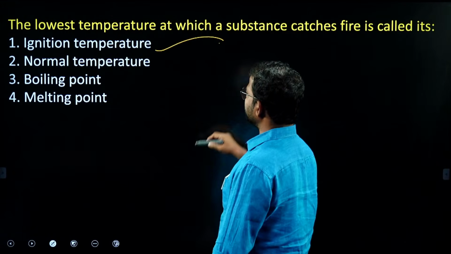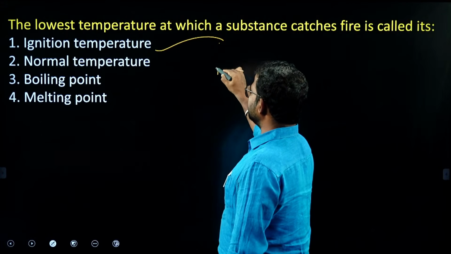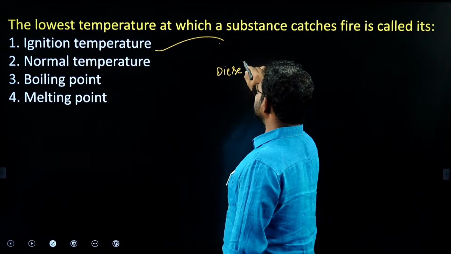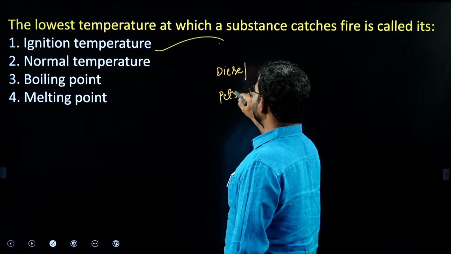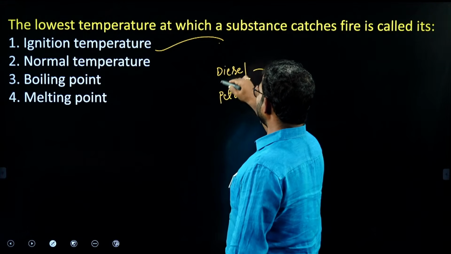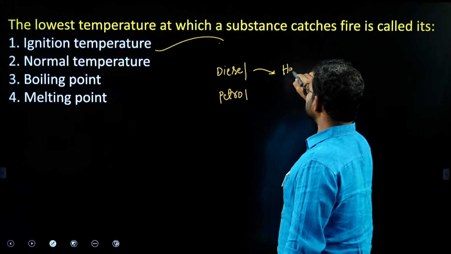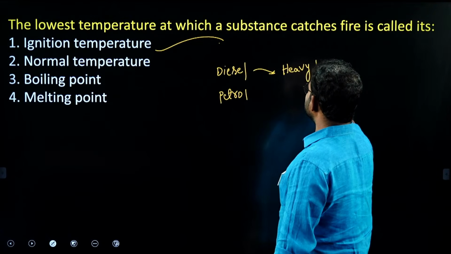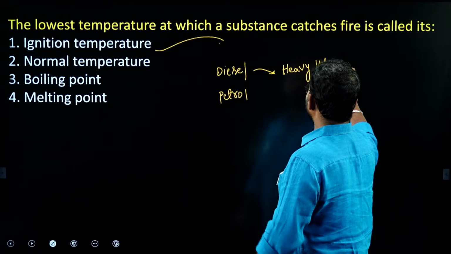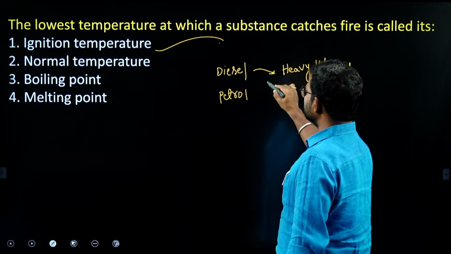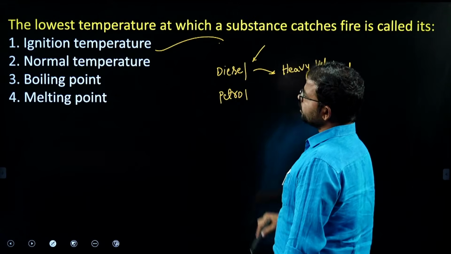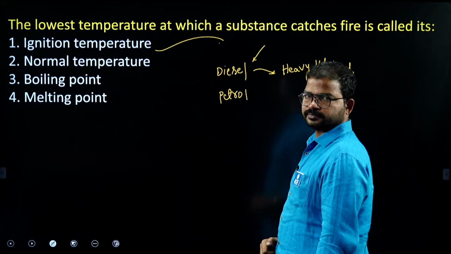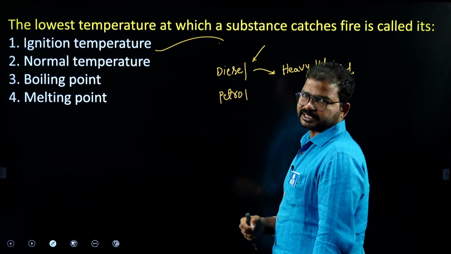Okay, so ignition temperature. If you consider diesel and petrol, mostly these types of fuels are used in heavy vehicles. The reason is its ignition value would be somewhat high. It can easily catch fire.